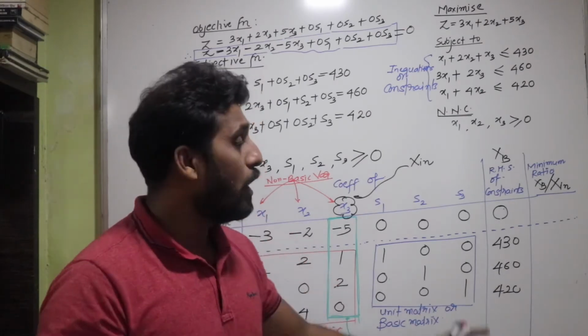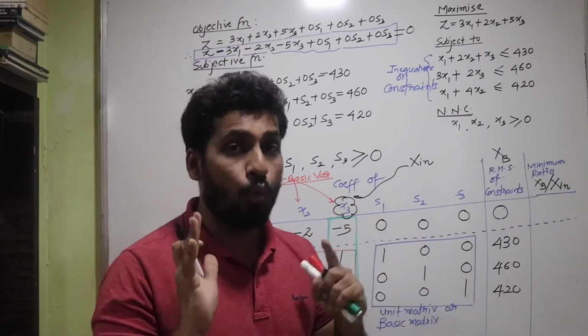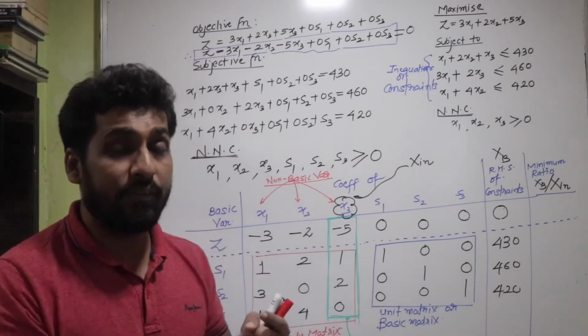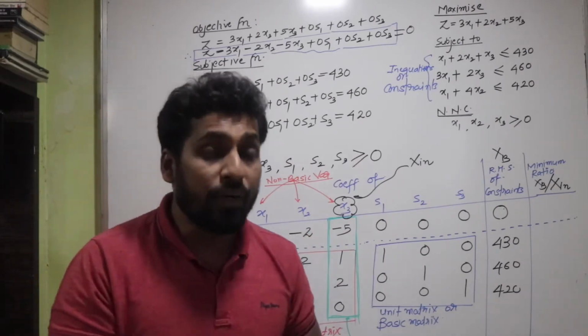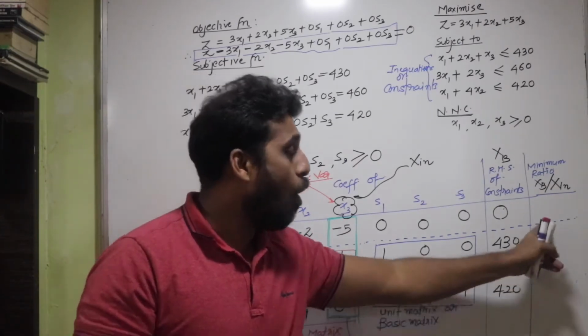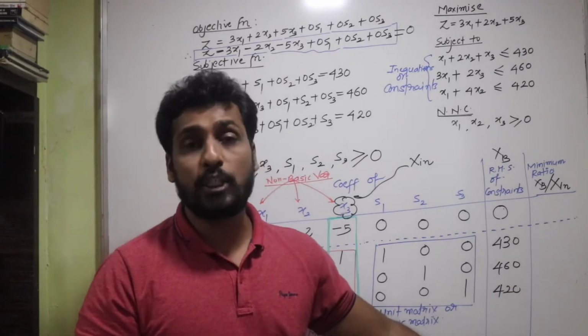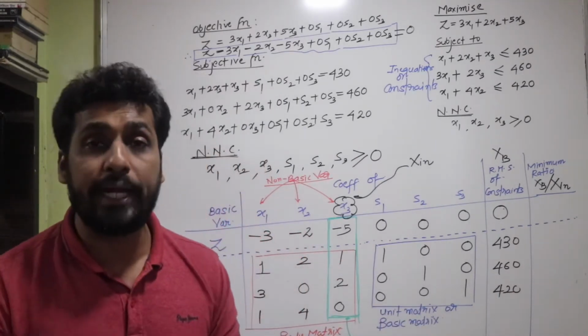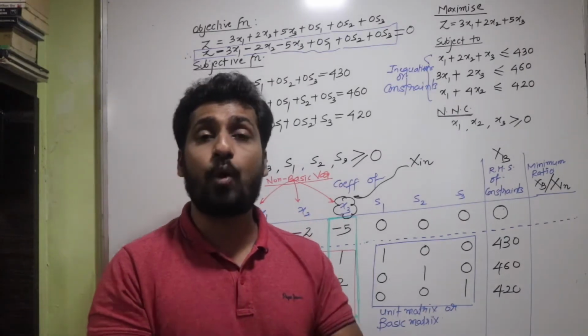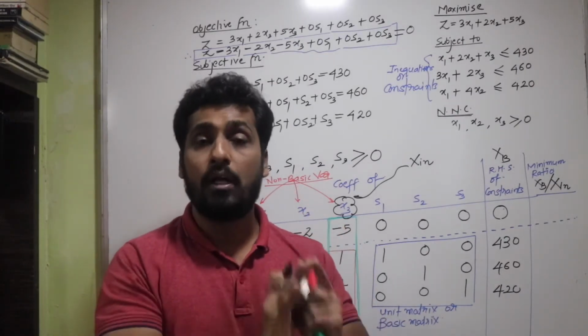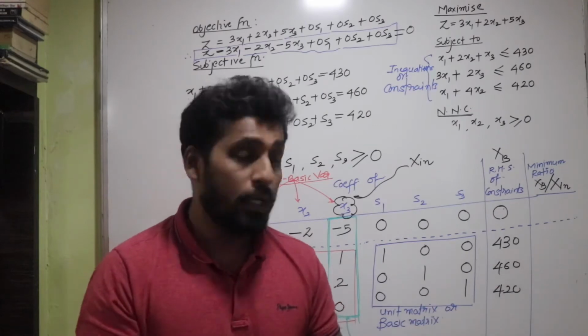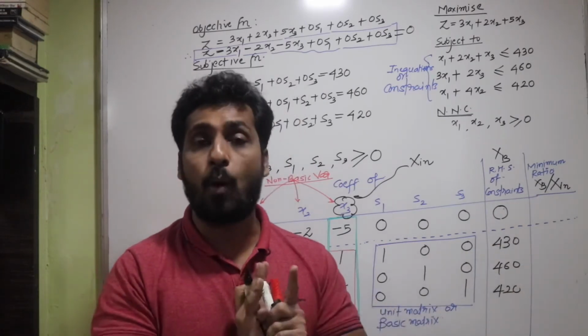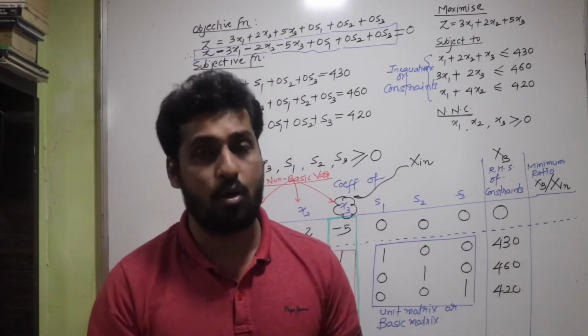So make sure you note down this point also very properly. All negative values will be ignored, all infinity values will be ignored, and if all values in the minimum ratio came negative, then the solution is unbounded. You will have to stop the problem at that particular table. The problem gets over. You get an unbounded solution.